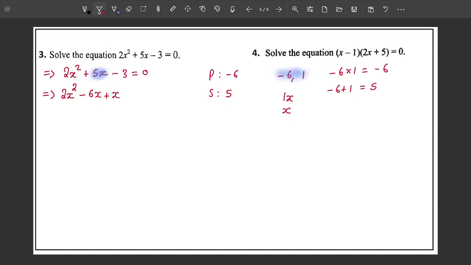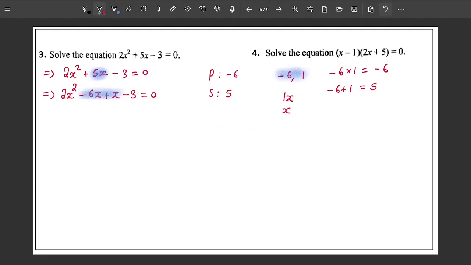Then the 3 is maintained, negative, and we say equals 0. Now, is this here equal to that 5x? Yes, because -6x plus x gives 5x. So we have done nothing; we have just expanded that in another way. I hope you are getting sense from there.